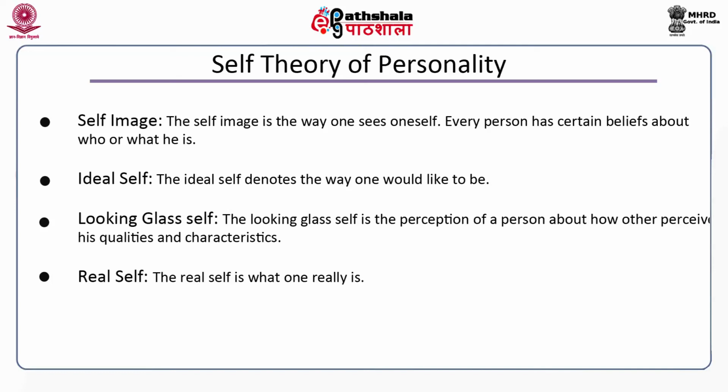Real self. The real self is what one really is. The first three aspects of self-concept are the functions of individual perception, and they may be the same as the real self or different from it. An individual's self-image is confirmed when other persons' responses to him indicate their beliefs about who and what he is.